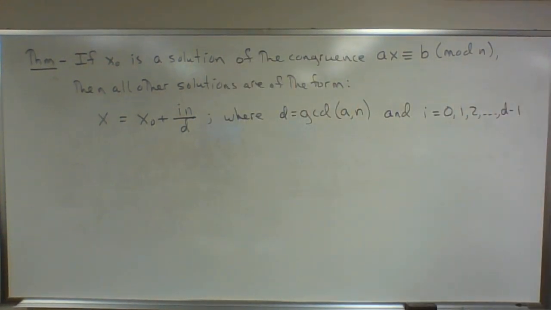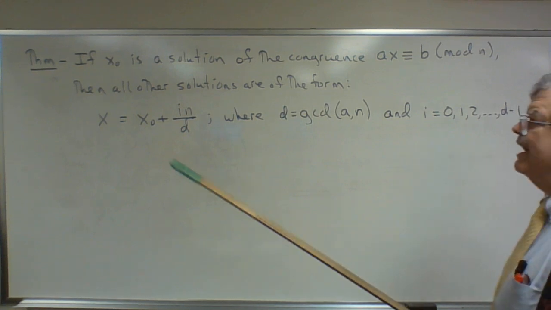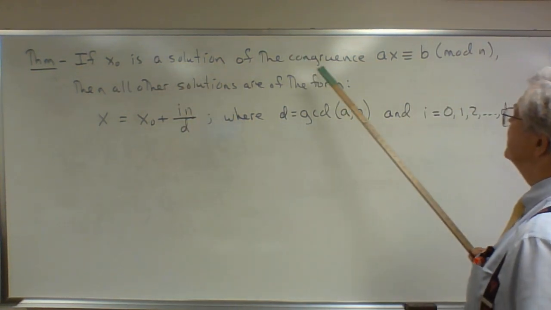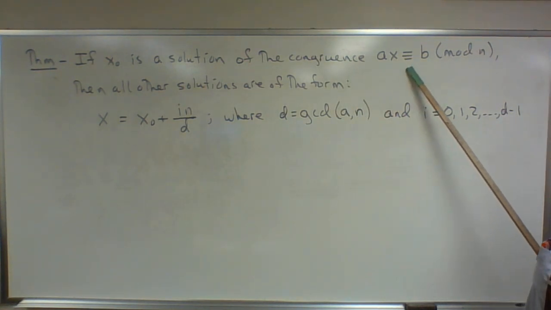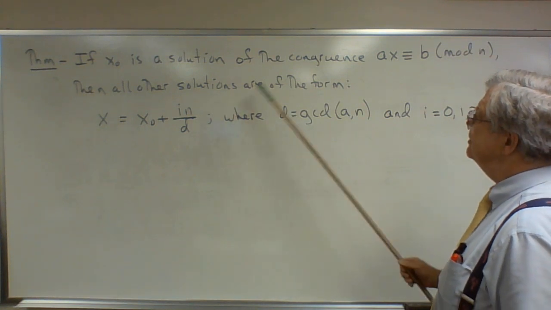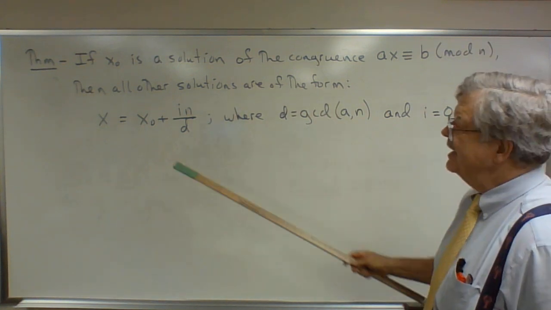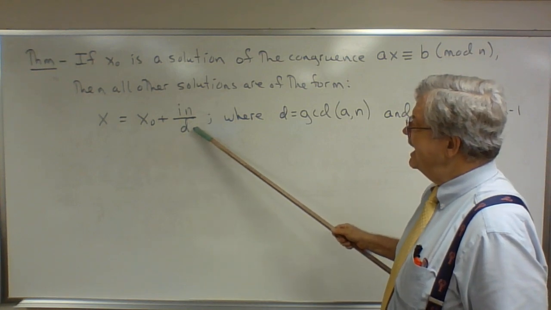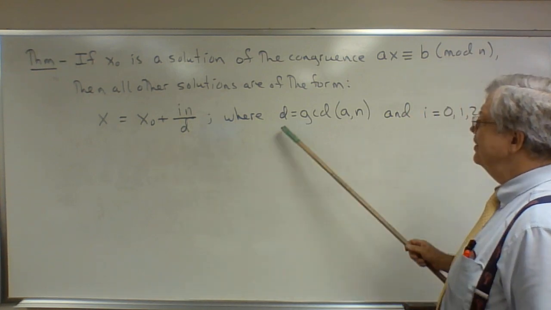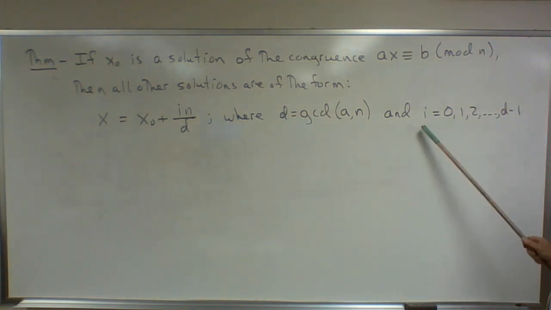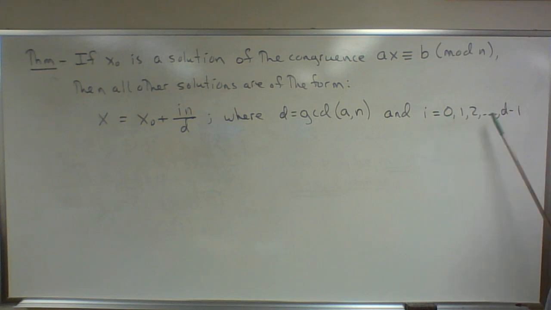Okay, now let's see where this puts us. We have a theorem here. If x naught is a solution of the congruence ax is congruent to b mod n, then all other solutions are of the form x equals x naught plus i n over d, where d is the greatest common divisor of a and n, and i goes from 0 to d minus 1.